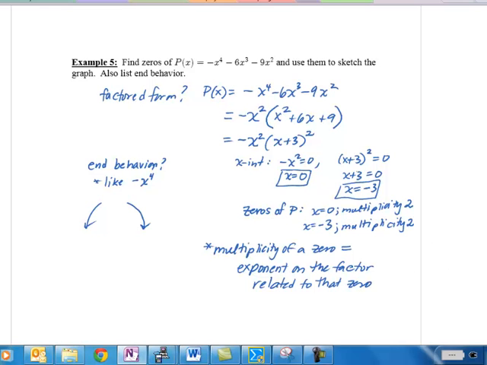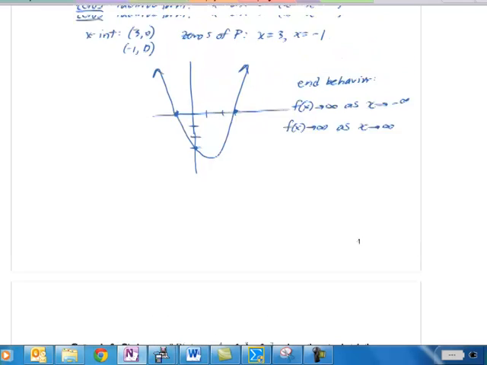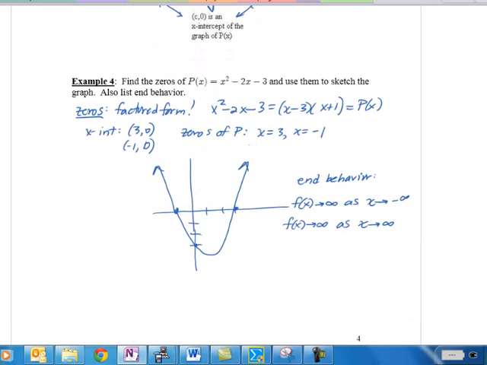Right, so both of these factors had exponents 2, so those zeros are said to have multiplicity 2. So if we go back to the previous example, these are both multiplicity 1 because there was just one factor of each one. So we could say both multiplicity 1.